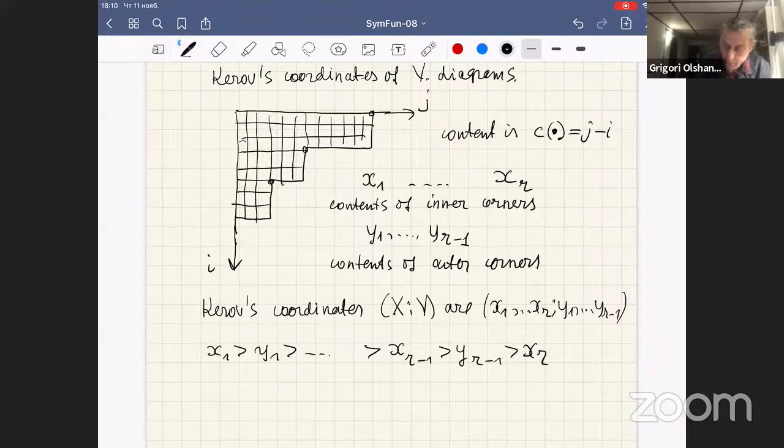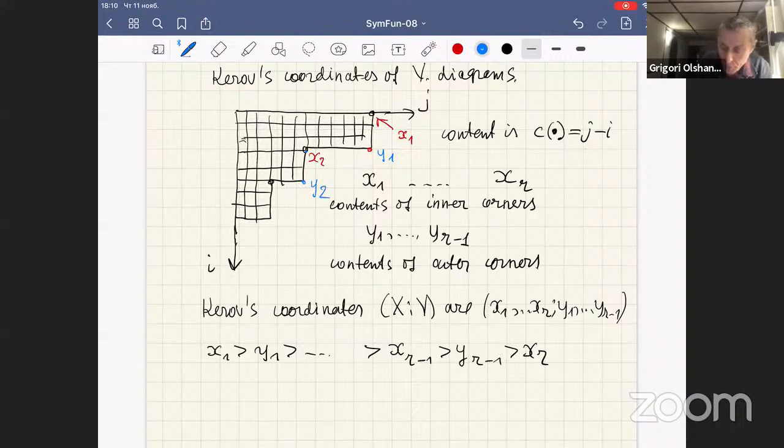Maybe it's better to say where we start. We start here, which corresponds to x1. This corresponds to y1. This is x2. This point is y2, and so on.